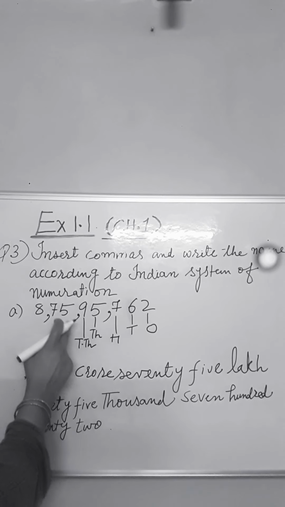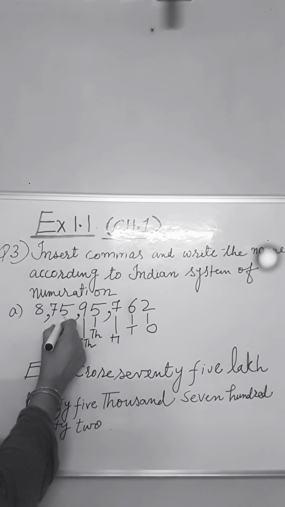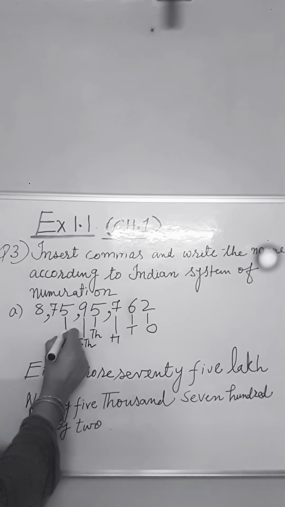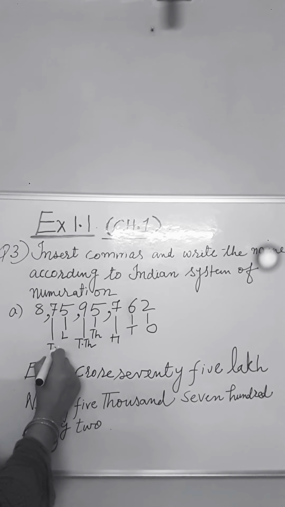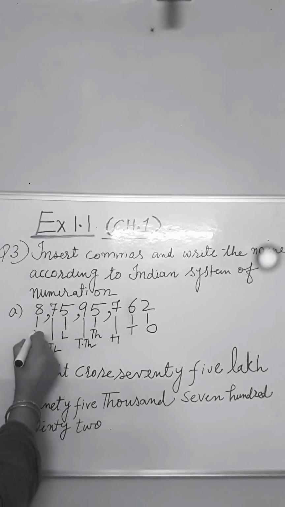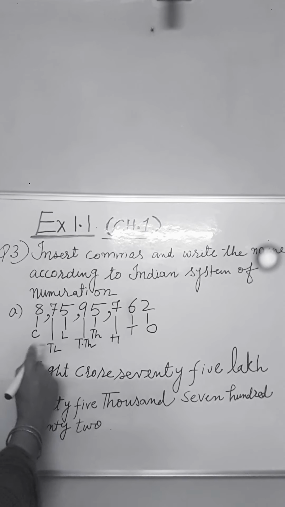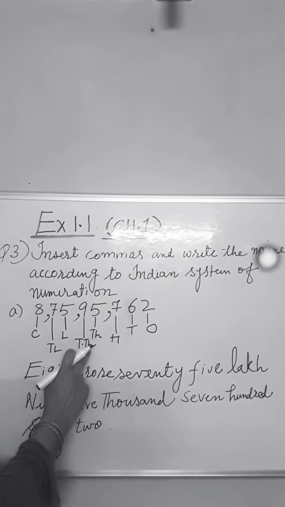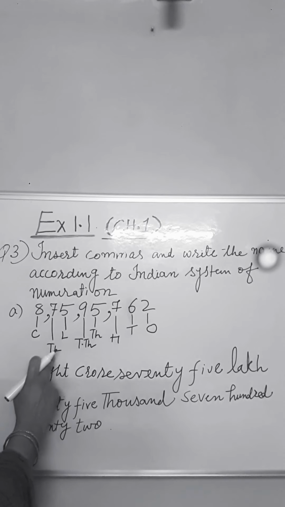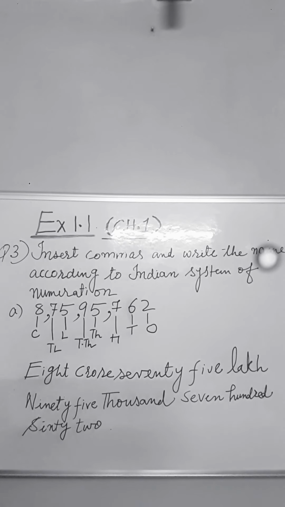Now the places will change. Here after 10,000 it is lakh, then 10 lakh, then the last one is crore. In international system of numeration, after 10,000 is 100,000. Then after 100,000 it will be million, then 10 million.